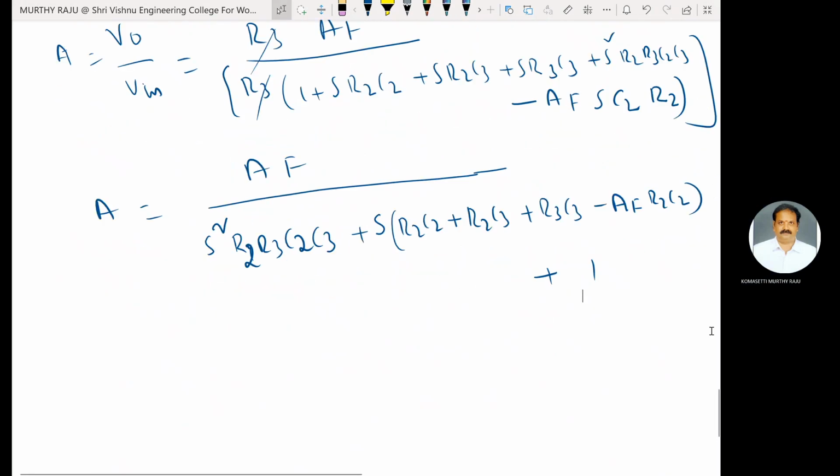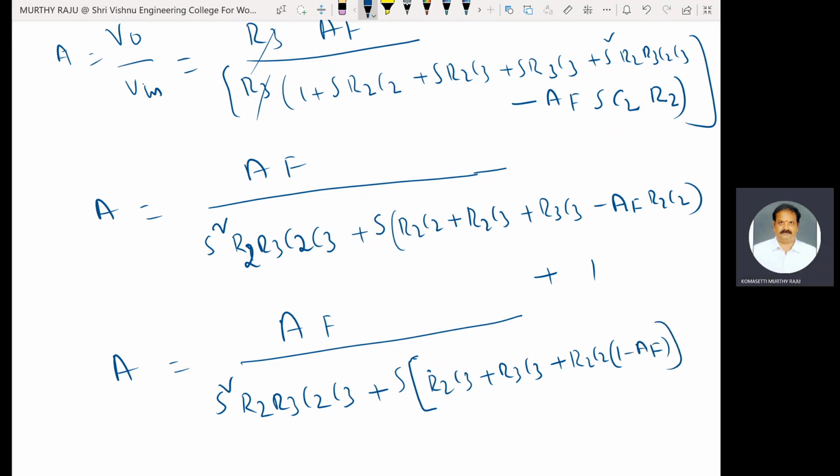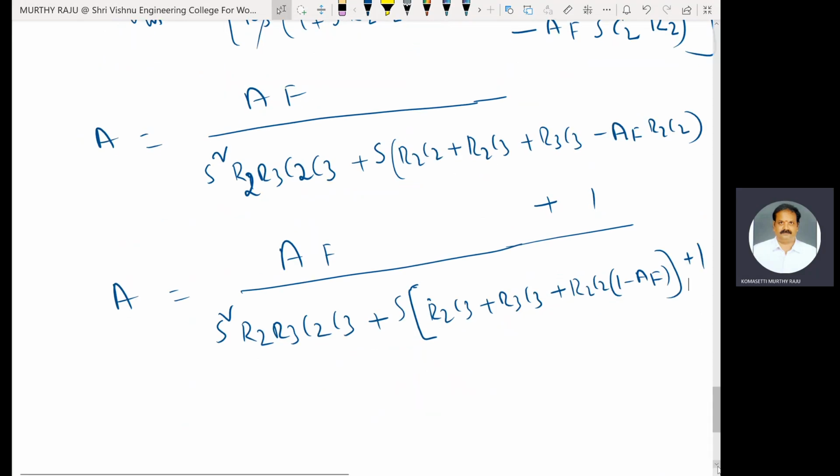That is, gain A is equal to AF by S square R2 R3 C2 C3 plus S into R2 C3 plus R3 C3 plus R2 C2 into 1 minus AF, plus 1.